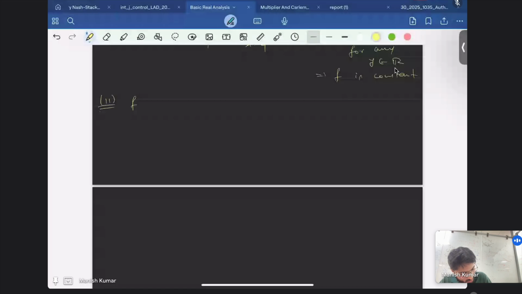Let f of 0 equal to 0, f of 2 equal to 2, and f of 1 equal to 1. Then prove that there exists c in the interval (0, 2) such that f prime of c is equal to 0.